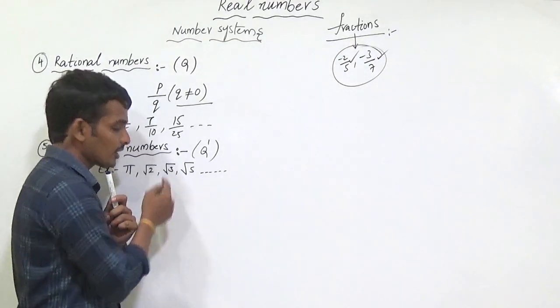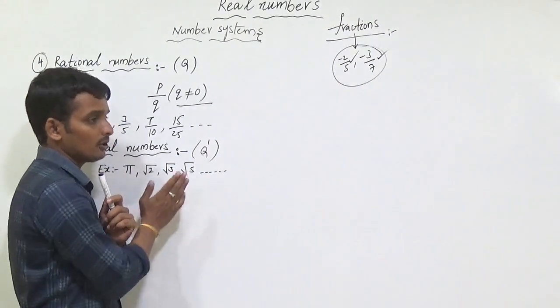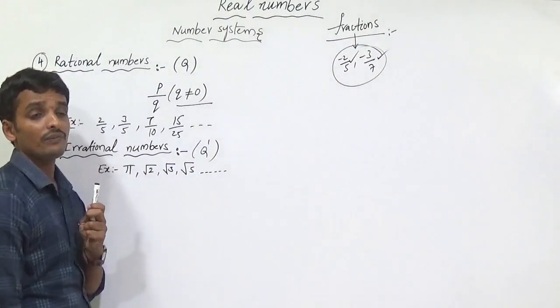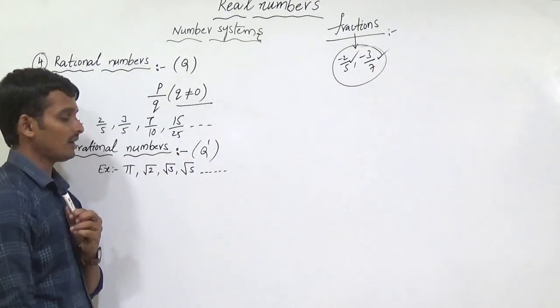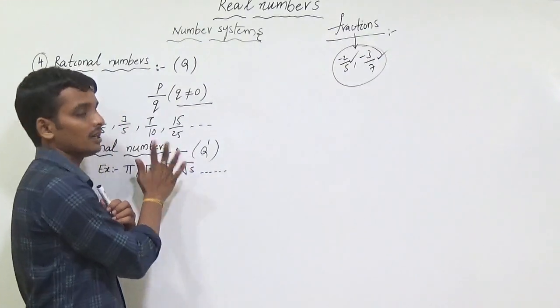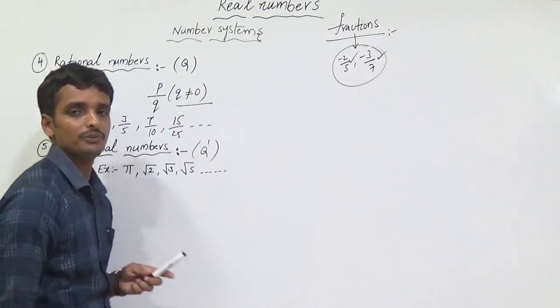Root 3 is an irrational number. Root 5 is an irrational number. You can write some more which are not perfect squares; not perfect square numbers with the square root applied are irrational numbers. The symbol for irrational numbers is Q dash.